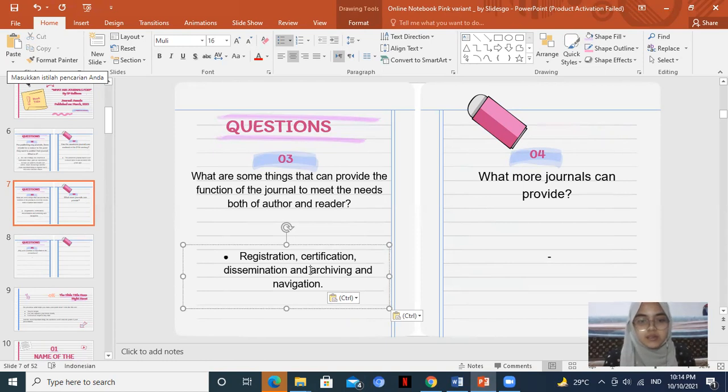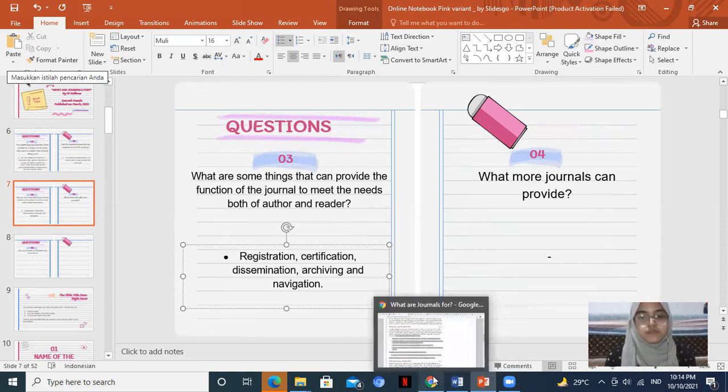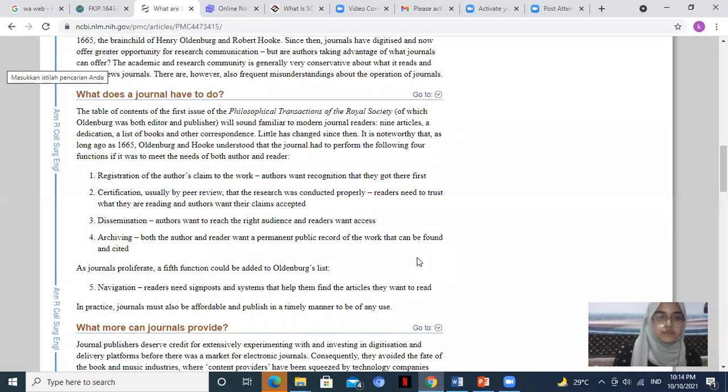Excuse me, I want to correct it. And the summary of this answer is that the author wants recognition, wants their claims accepted, and wants to reach the right audience.